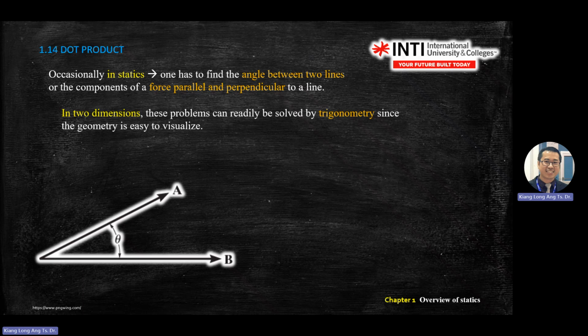B over C. Sin theta equals? A over C. Cos equals? C over A. Sorry, sin equals B over A.